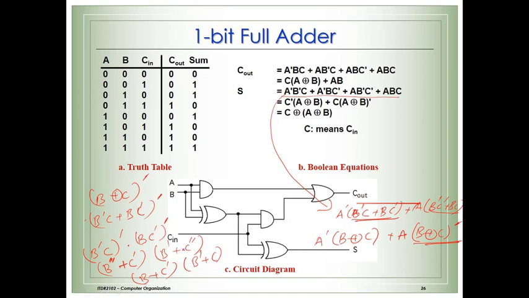Then open again. What will be this one? If you see B naught, BC, this one, then B naught C naught, and C naught C, right? This will be reduced to 0. This will be reduced to 0. So what we got? BC and B naught C naught, correct? So you see this is the same as this one, correct?